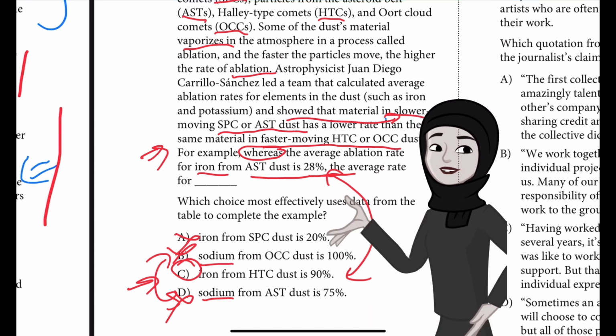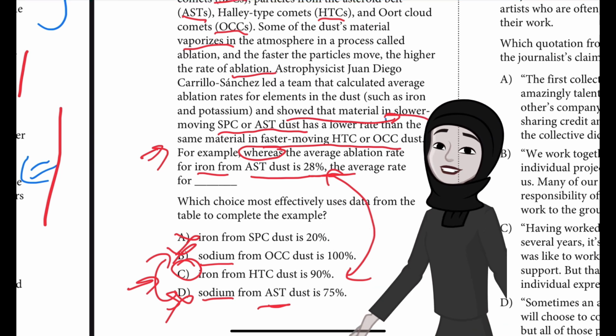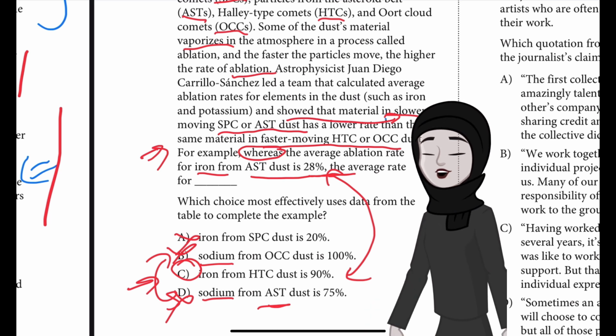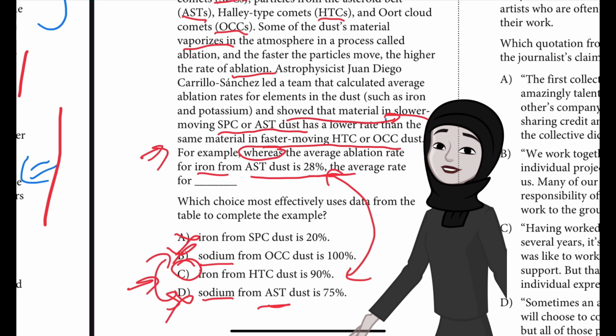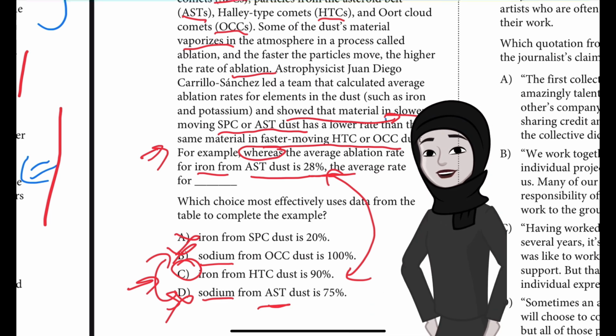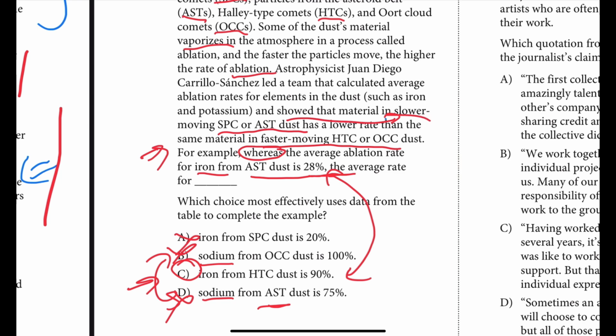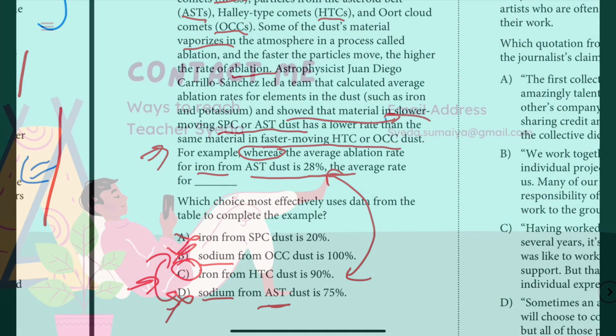And here it's wrong on two counts, because sodium from AST dust is again slow moving and not even the same element. Any ablation rate from AST dust would be ineffective in this example, since AST dust is referred to in the first part of the example, and thus additional data focused on AST dust would not illustrate the variation across dust types. So I hope that's clear.